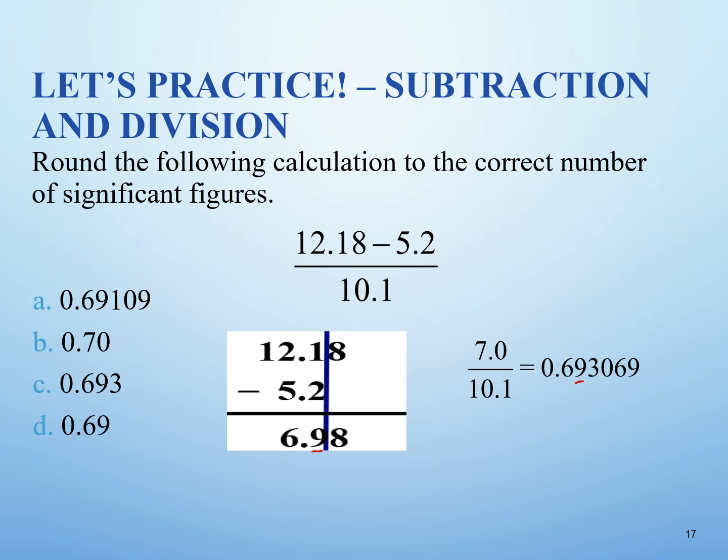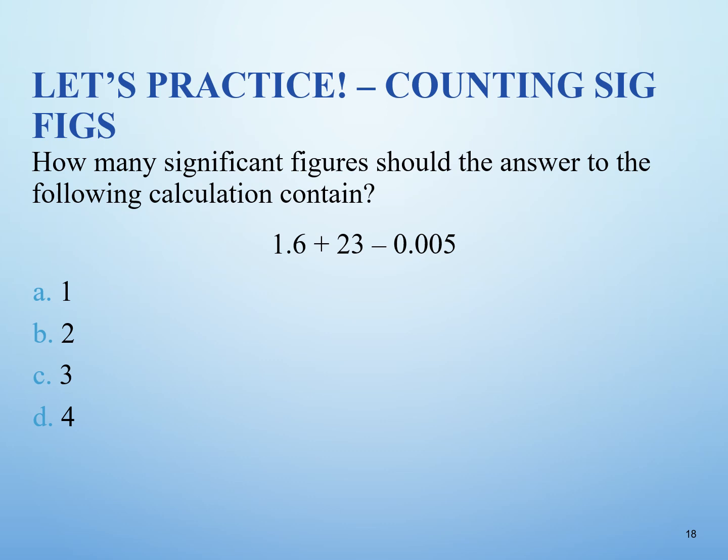All right, so let's try. Here's another one. It's all plus and minus, so you just keep decimal places in this case. So let's try looking at the math together. You would do 1.6 plus 23 minus 0.005, and then you get 24.595 if you did it on a calculator. On my calculator, it will tell me this answer, but then we have to decide where I should stop my final answer.